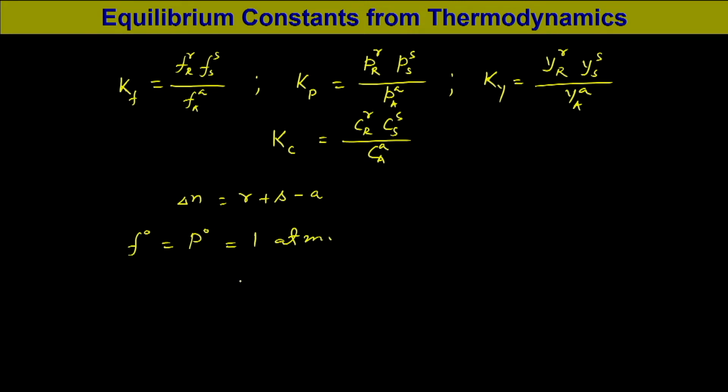And so, K can be written as e to the power minus delta G naught by RT, which is equal to Kp into (P naught equal to 1 atmosphere) to the power minus delta n.